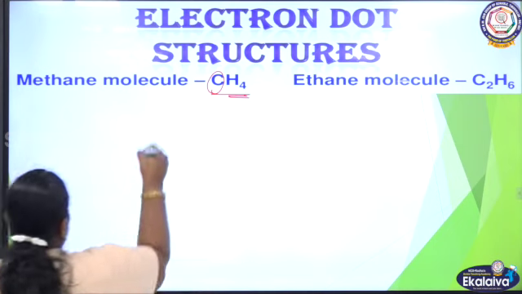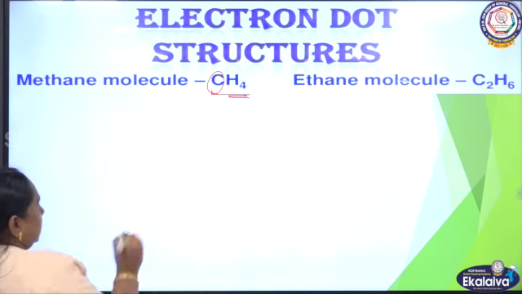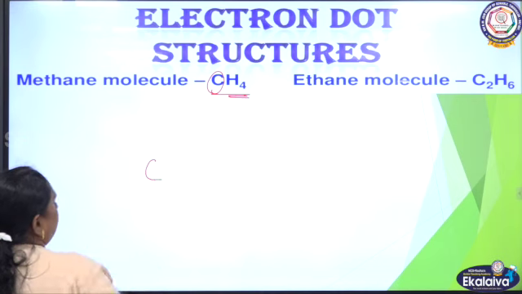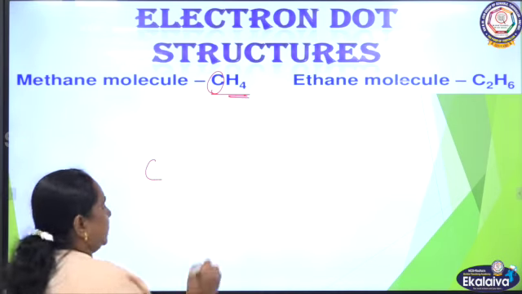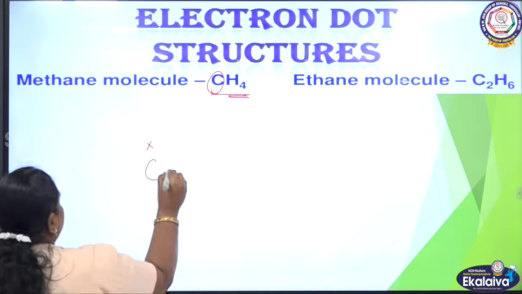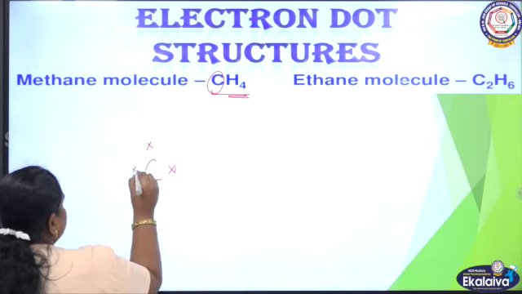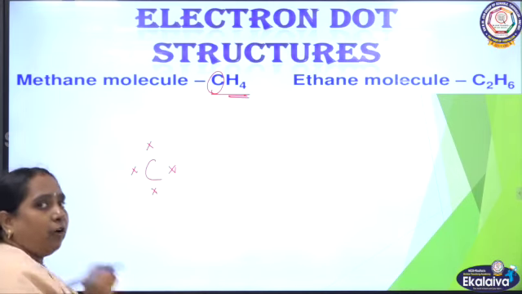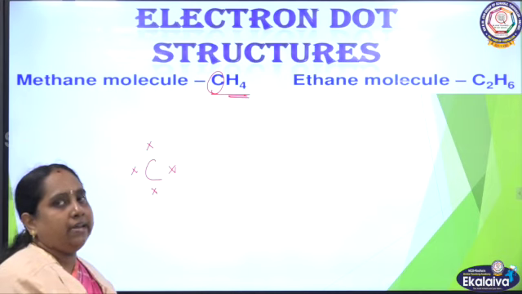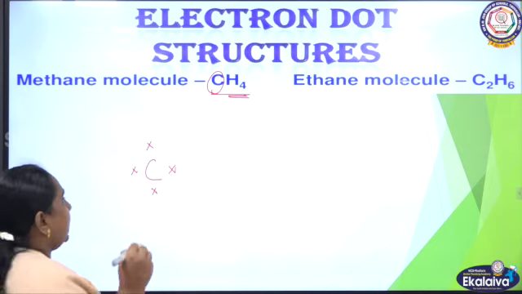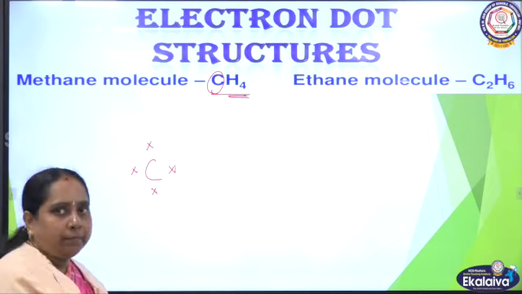When we draw the electron dot structure, it shows that the compound contains one carbon atom, and you know that the valency of carbon is 4, which means carbon has 4 electrons in its valence shell. Each electron of carbon is going to be shared with a hydrogen atom, so it requires 4 hydrogen atoms to make a compound of methane.